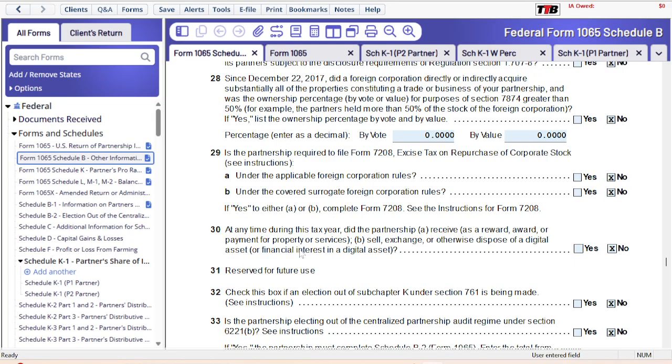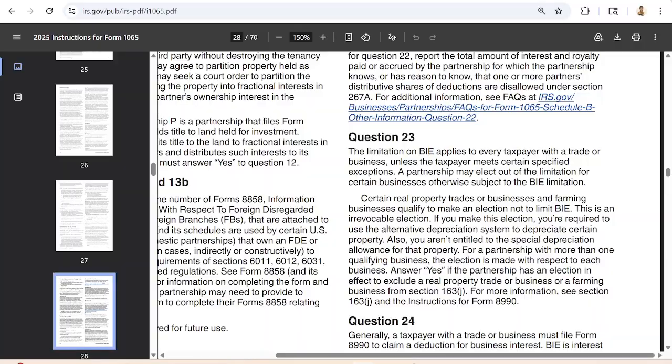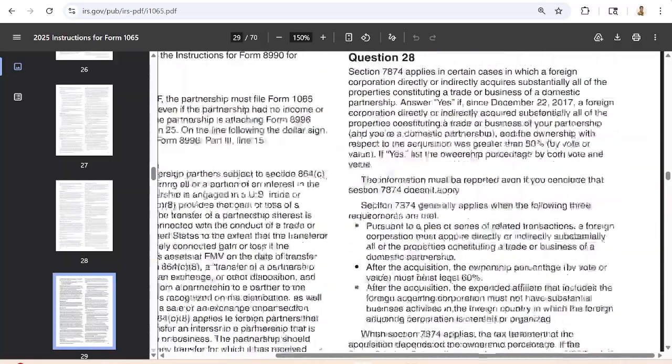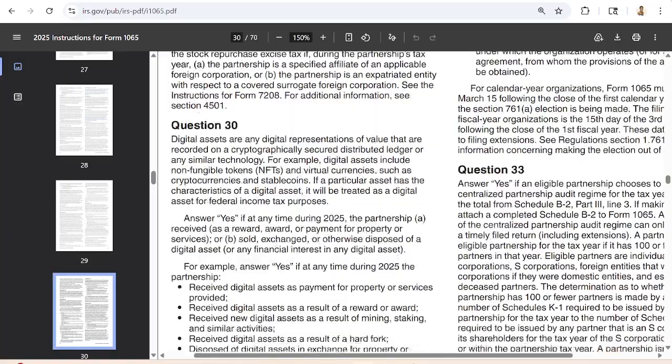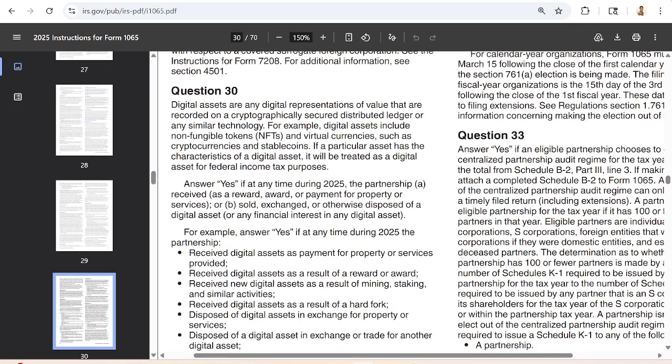But read it later. Again, in this day and age we have those digital assets, digital currency that people use. I think that's what this area is about. Again, line 30, we can just come here and see what that is about and read more about it as well.